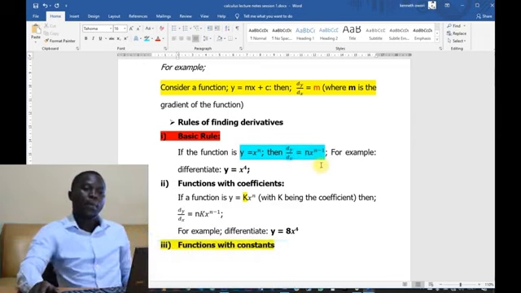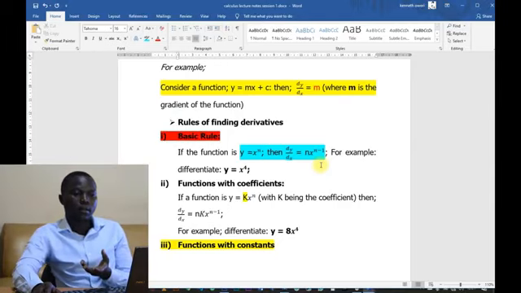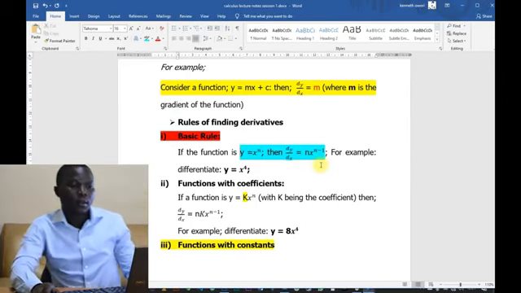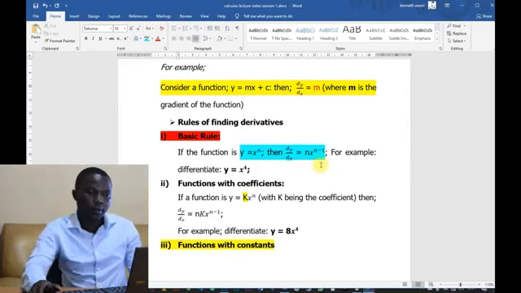As we said, we multiply the expression by the power and then reduce the power by 1.